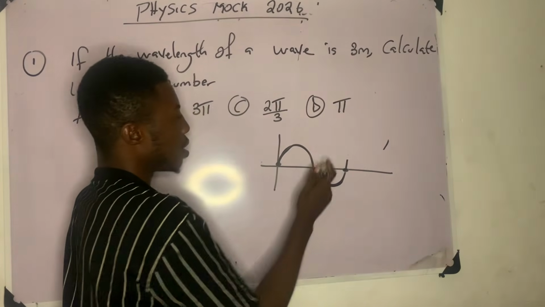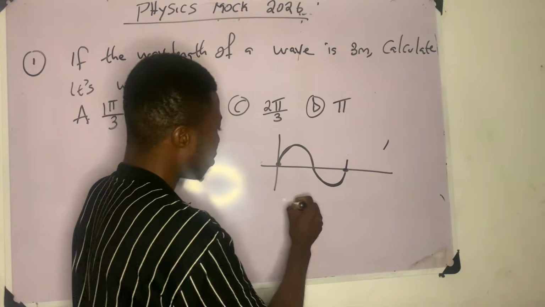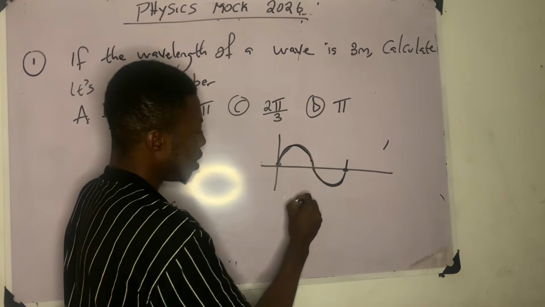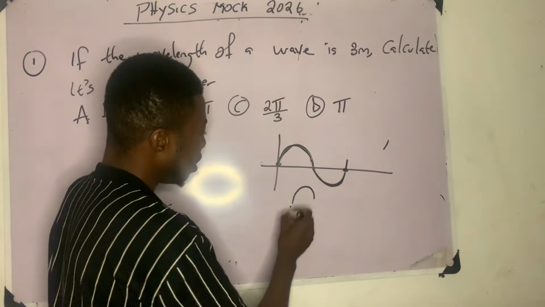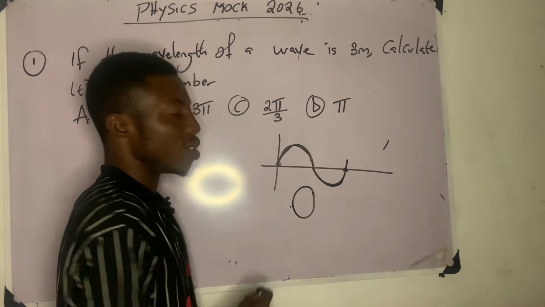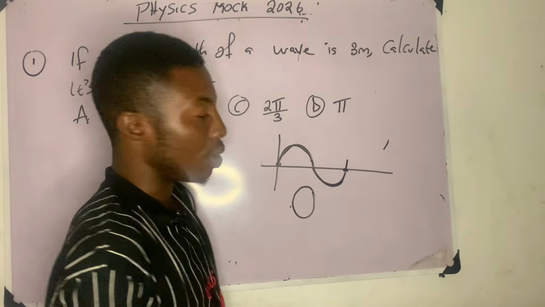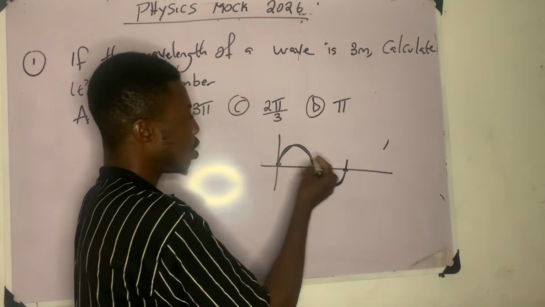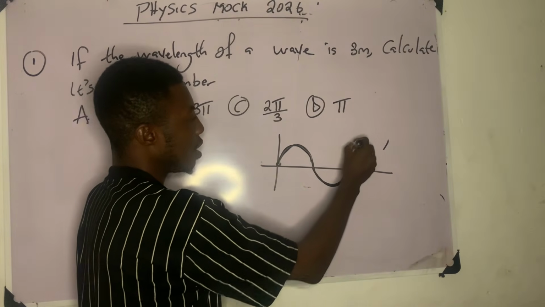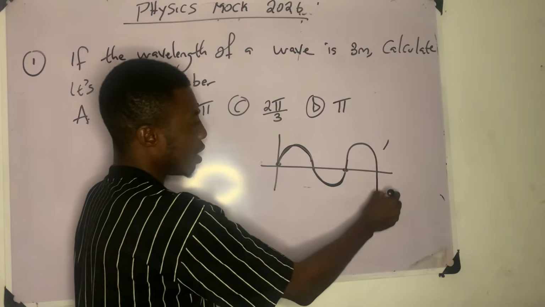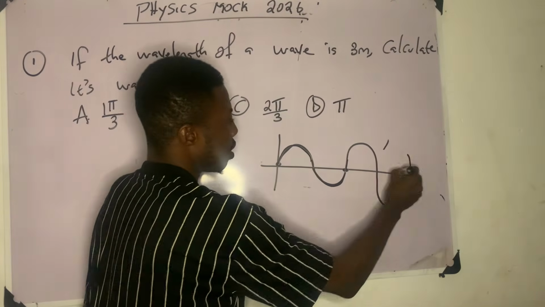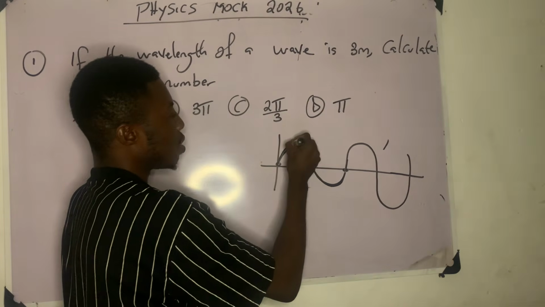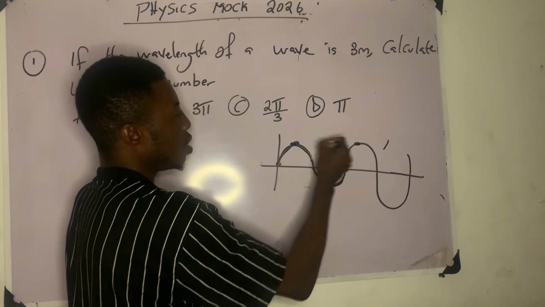You understand that this is a complete cycle, because when we talk about a cycle here, you have to do that from here to here. It's a half cycle. Then if you add something like this, it now becomes a full cycle. So if we have another one again and put it again, from here to here is what?